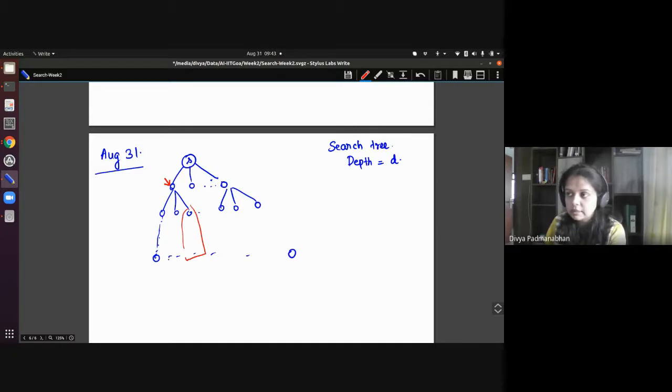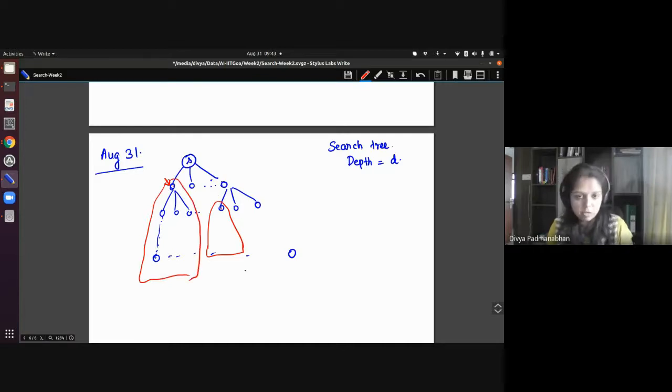So suppose this is the same node that comes here, and so this entire tree is going to get repeated in another part of the graph.